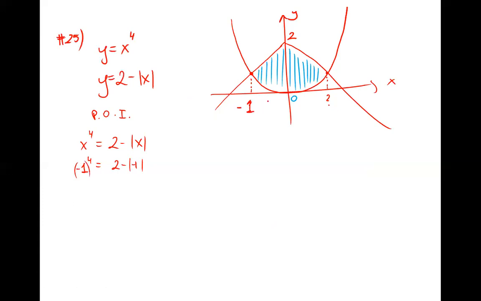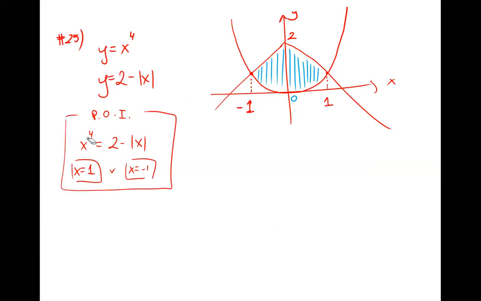Again, it would be possible to solve, but it's a little bit too long. Please remember, if you can see the points of intersection right away, you may use them. Of course, make sure that both of them satisfy the left and the right hand side.